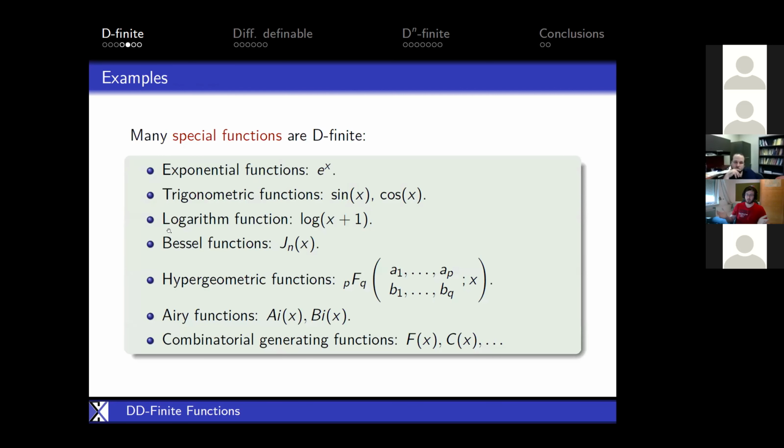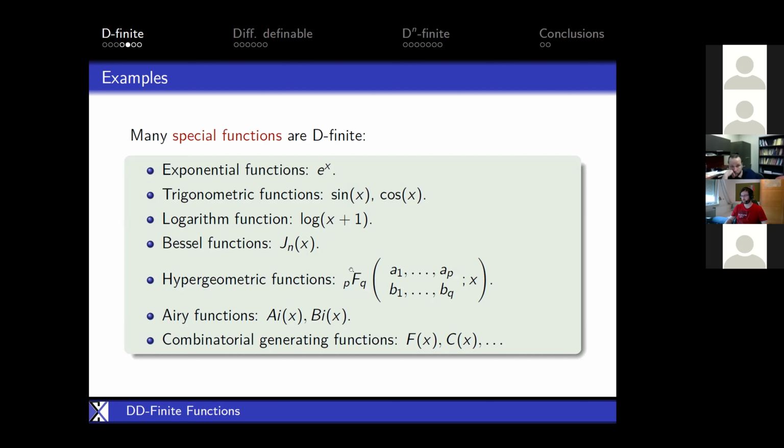And why is this set interesting? Because there are many functions that satisfy this type of equation. For example, all the exponential functions, trigonometric functions, logarithms, the Bessel functions, no matter the parameter. And also all hypergeometric functions.